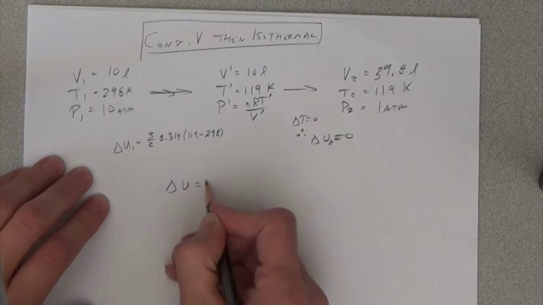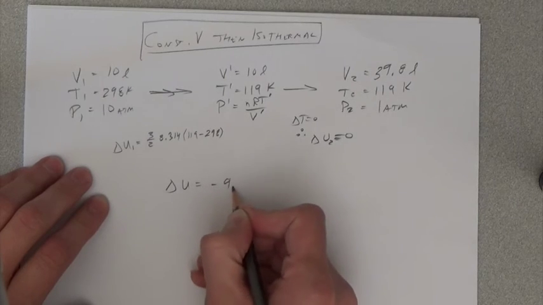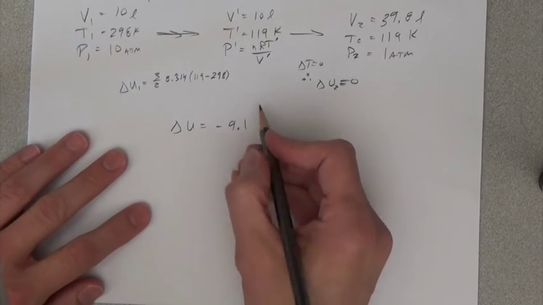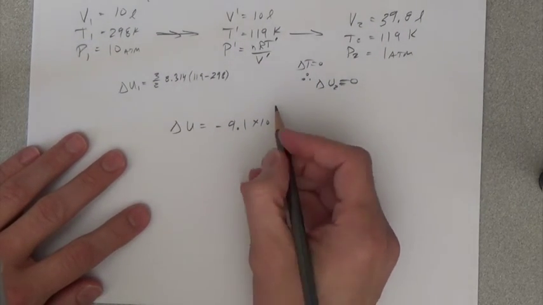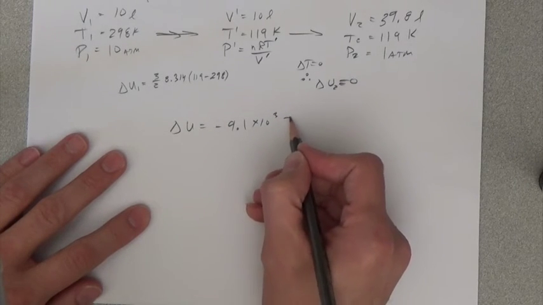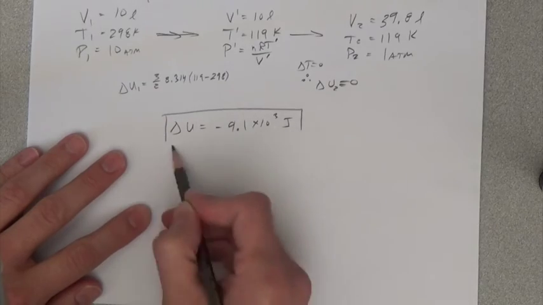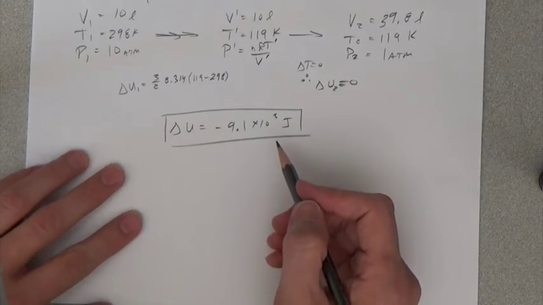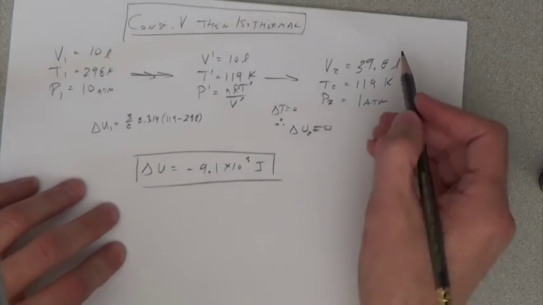So delta U is equal to minus 9.1 times 10 to the 3 joule. So that wasn't very exciting, was it? But that's okay.